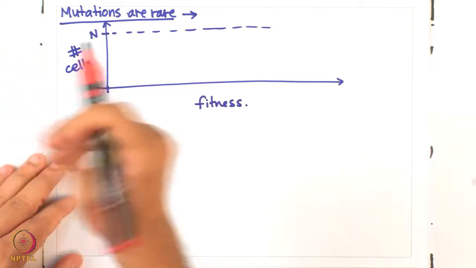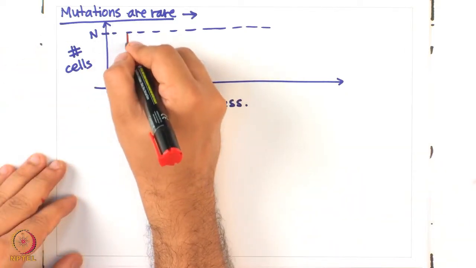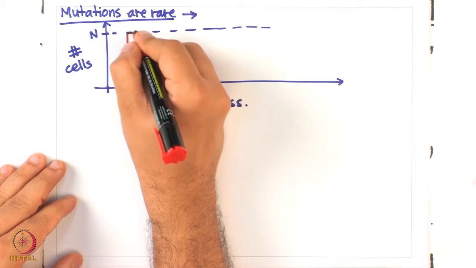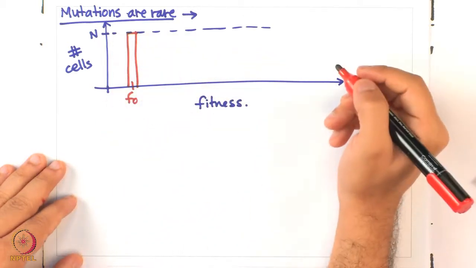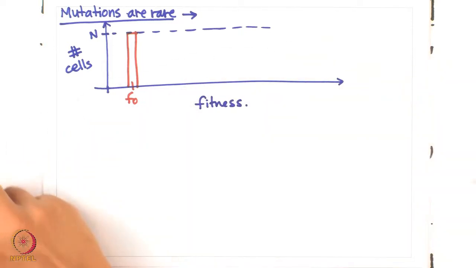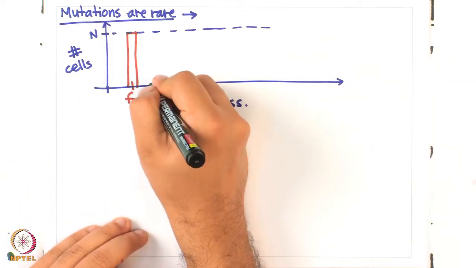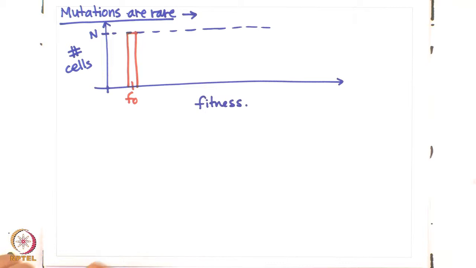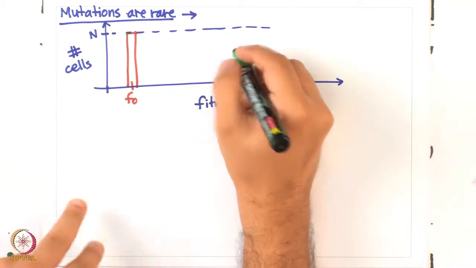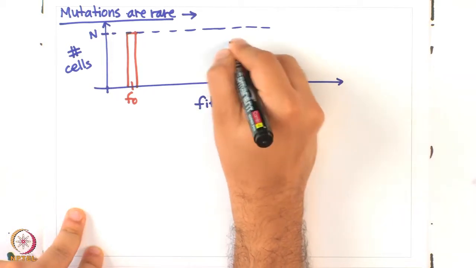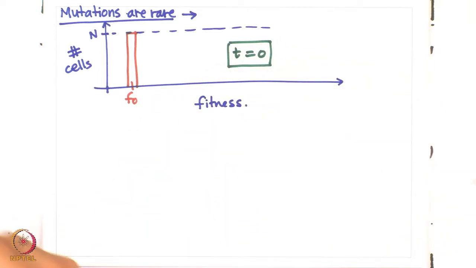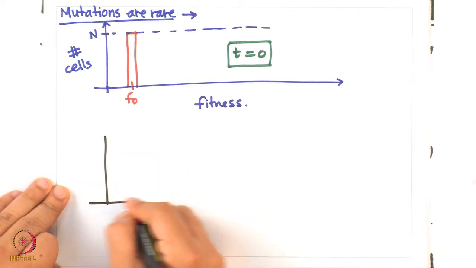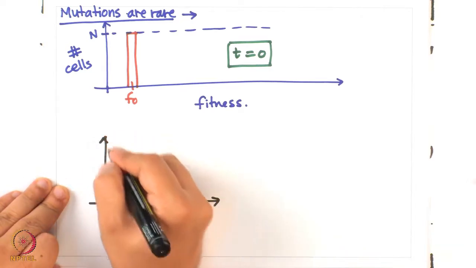So, in what we just did, when mutations are rare, you have all individuals at fitness f naught. This is at t equal to 0. As we go forward in time, one beneficial mutation occurs and that gets established.